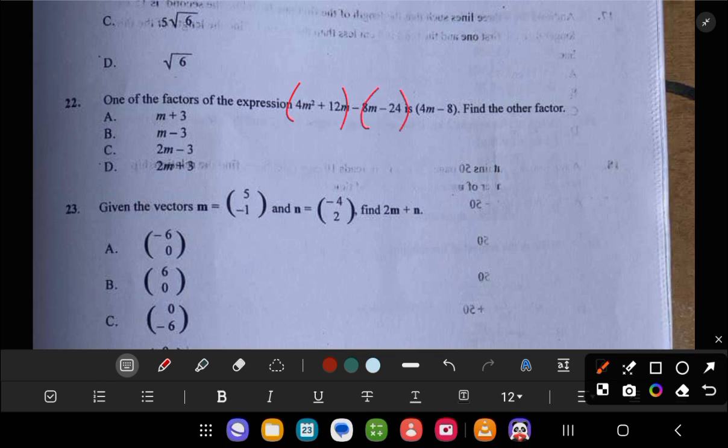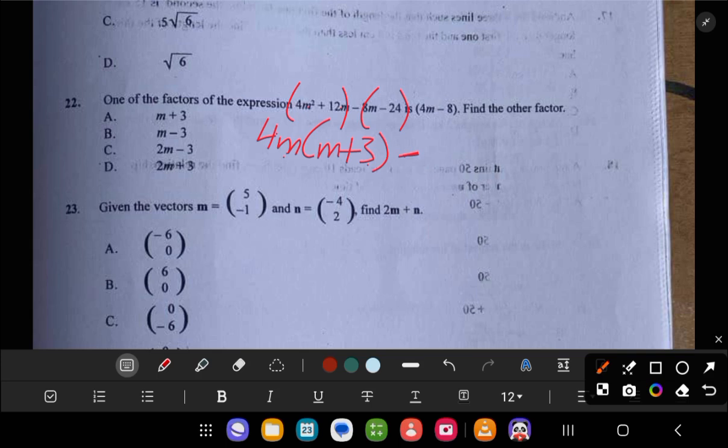Whatever final answer you get is a factor of this. The common term here is 4m for 4m squared plus 12m. So it's 4m, open bracket, m plus 3. Yes, because 4 times m is 4m squared and 4m times 3 is 12m.